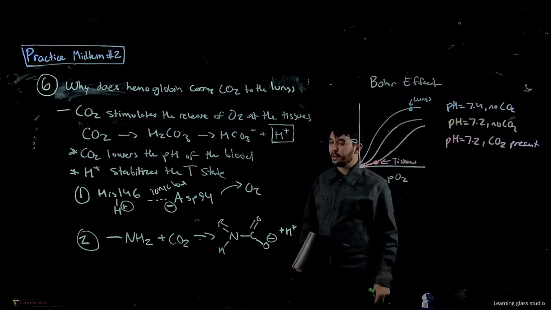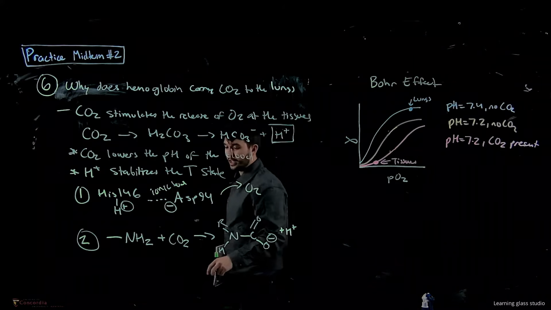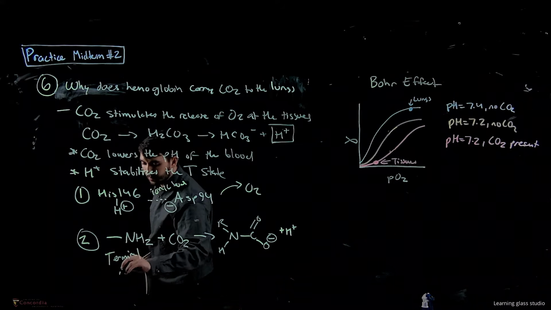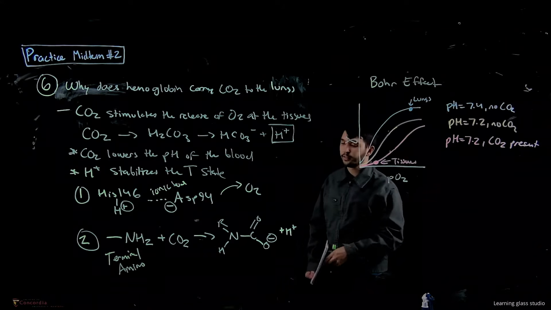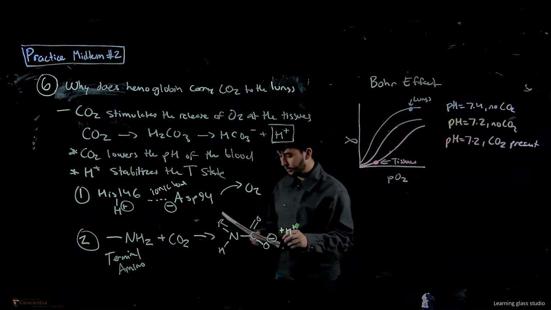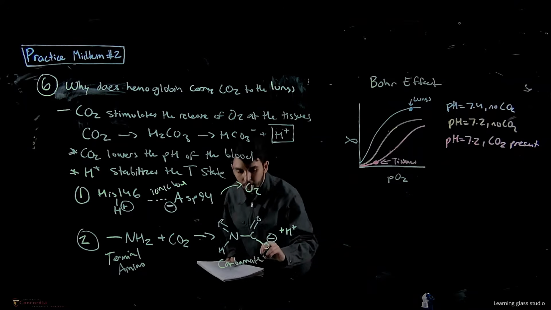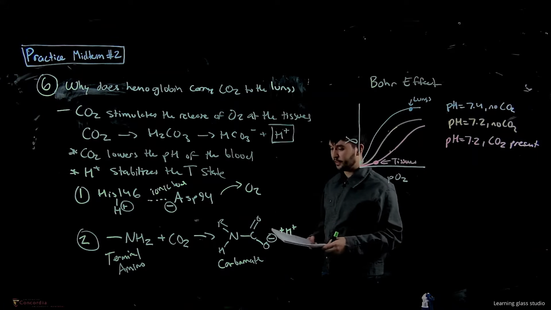The other thing that can happen is when the terminal NH2, so this is the terminal amino group, interacts with carbon dioxide, it can form this group. This group is called a carbamate ion. And this also generates H+, which continues to further stabilize the T state.